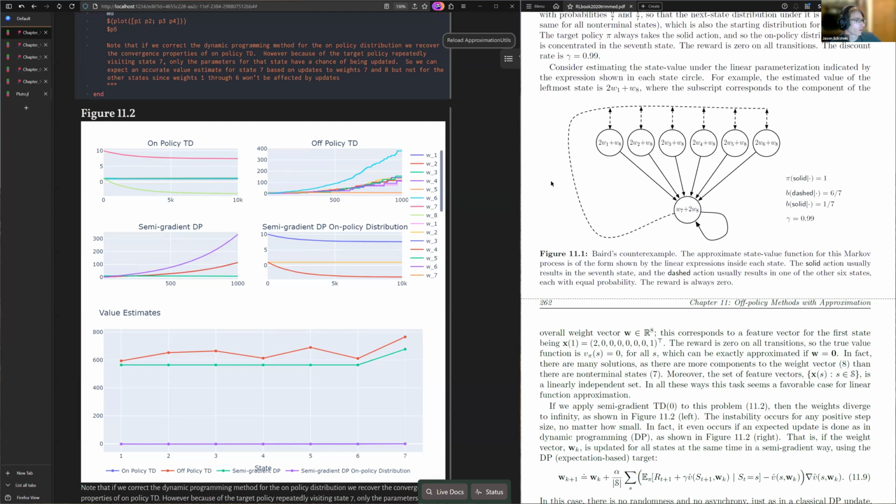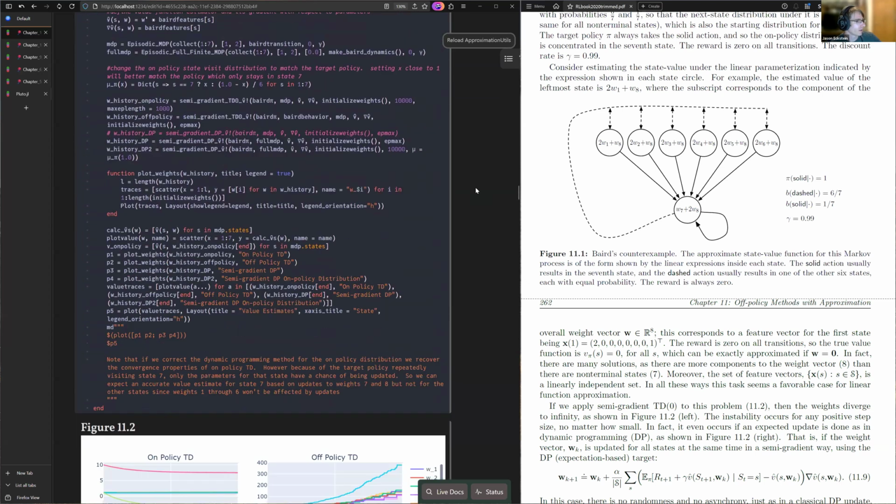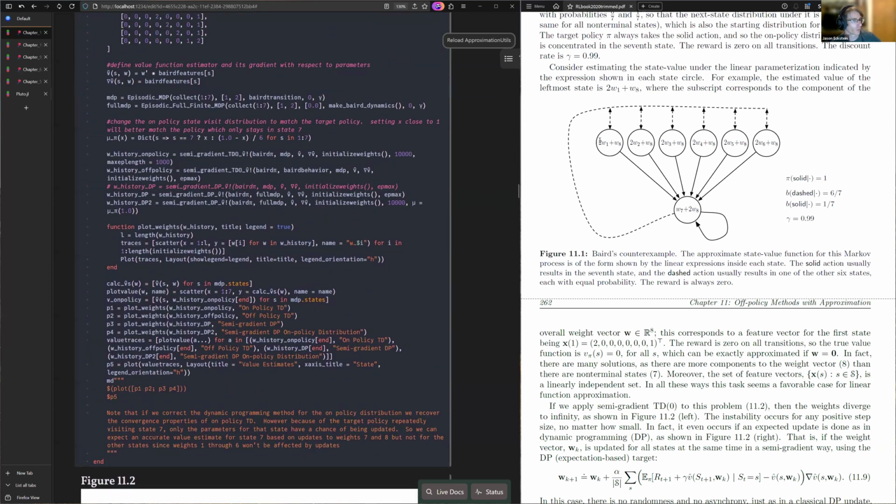And that, you can imagine, is very hard to correct for, because if you're following a completely different policy, you have to look back. You would have to have an importance sampling ratio looking all the way back through time, back to the start, to see how often this state would be visited starting from wherever the starting point was.